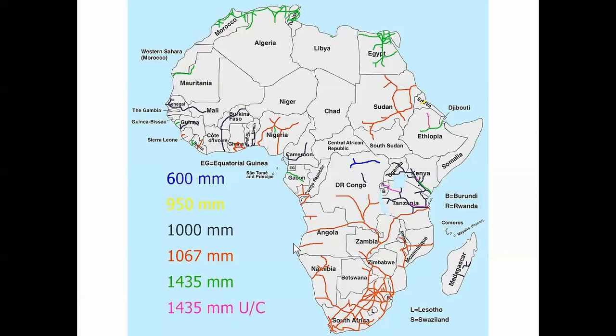But virtually no systems went from one coast to the other. In other words, you can't take a train across Africa. And that's because the colonial powers weren't interested in transporting people. They were interested in transporting raw materials from the interior to the coast. That idea changed how Africa developed.